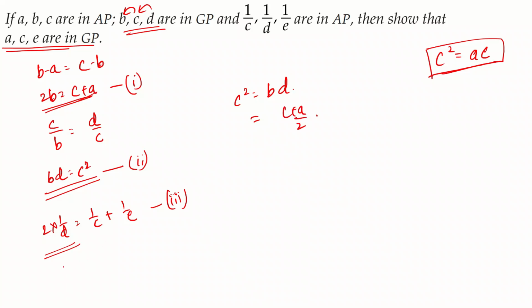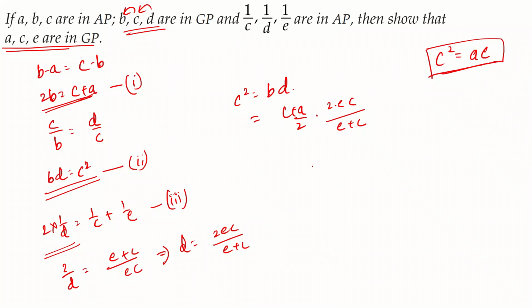So let's first simplify this. 2 by D is equal to E plus C by EC. So this gives me D is equal to 2EC by E plus C. So I put down this value, 2 into E into C divided by E plus C.